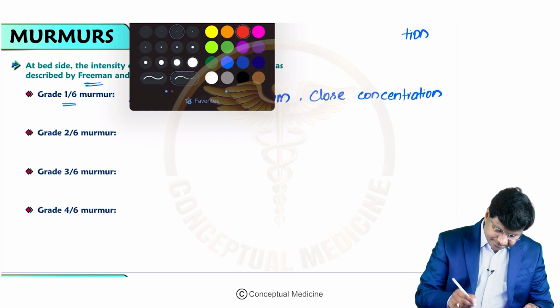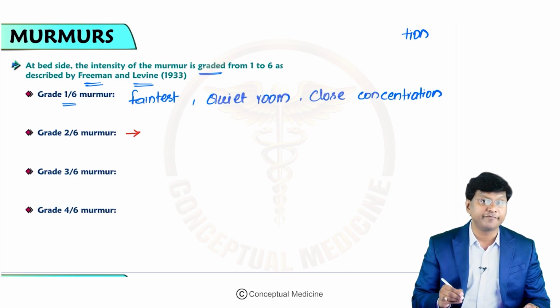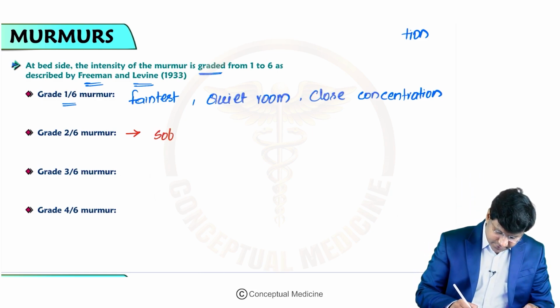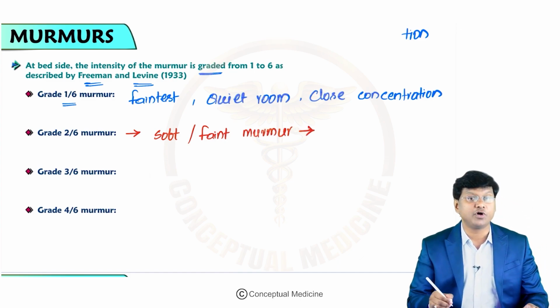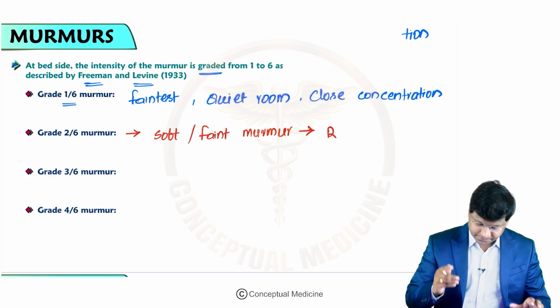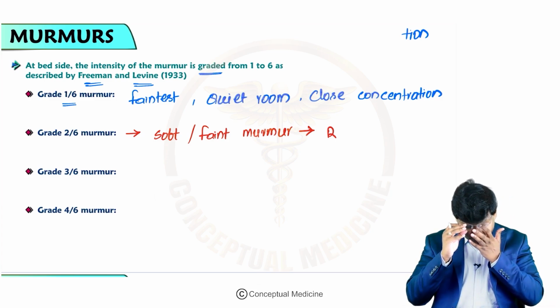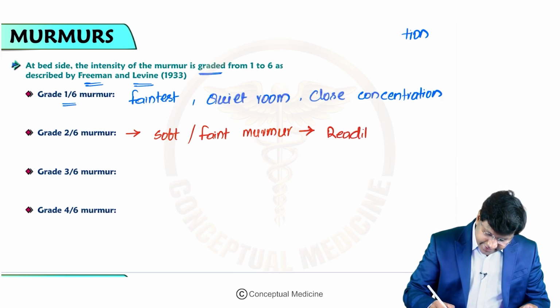And if you take the grade 2/6 murmur, it is a soft or faint murmur that can be readily detected, right?